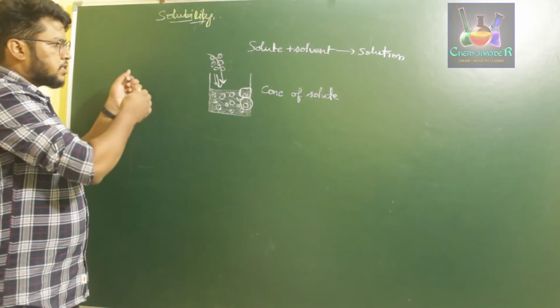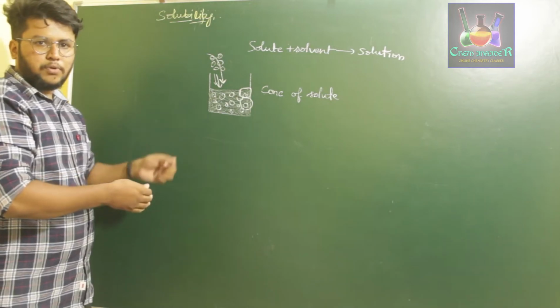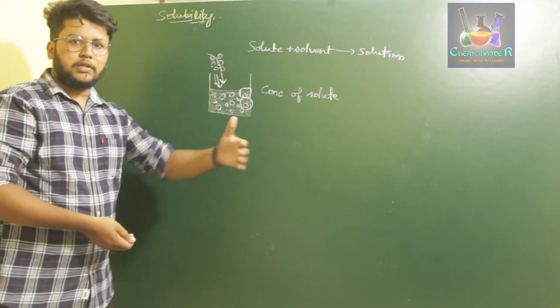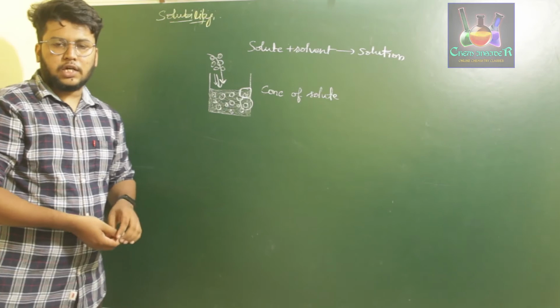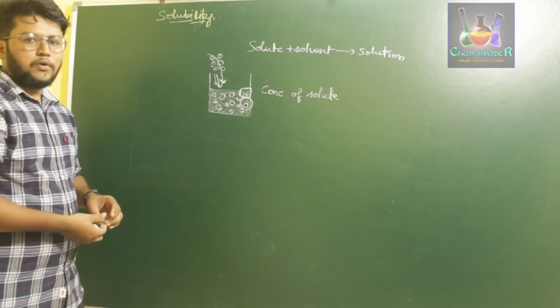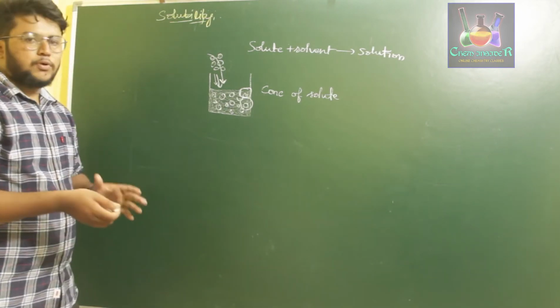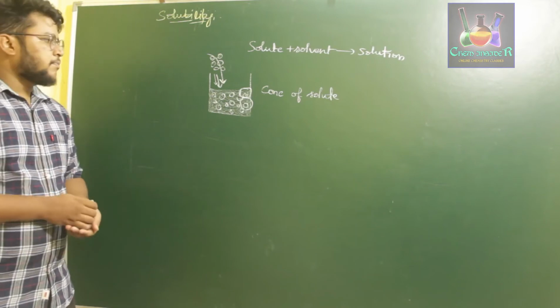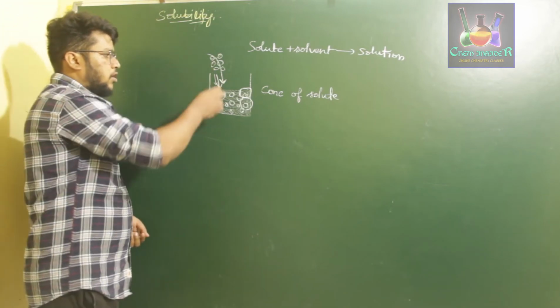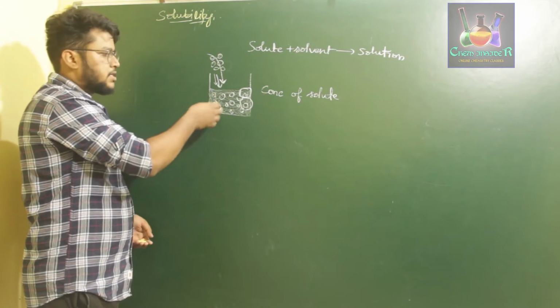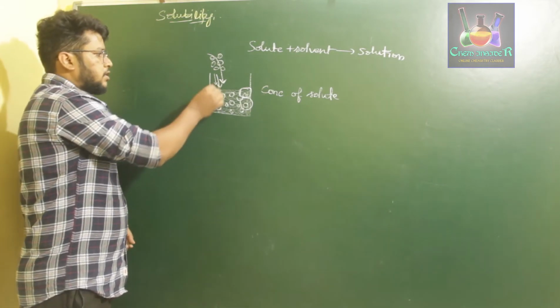If you are adding continuously and there is a continuous amount of crystalline compound forming out, then at a certain point of time the amount you are adding will be the same as the amount crystallizing.